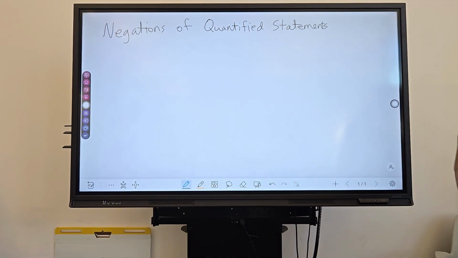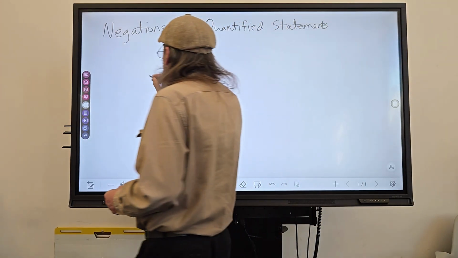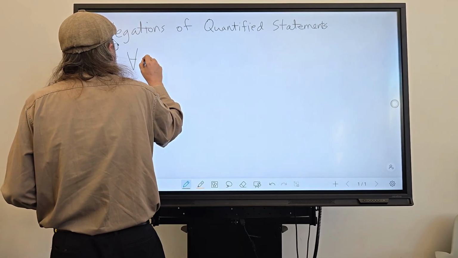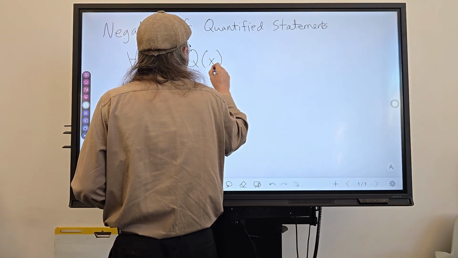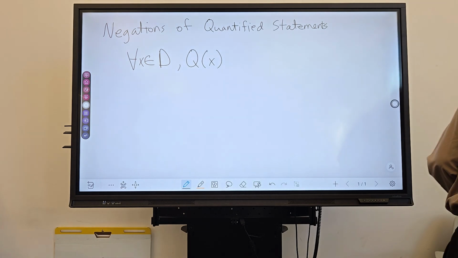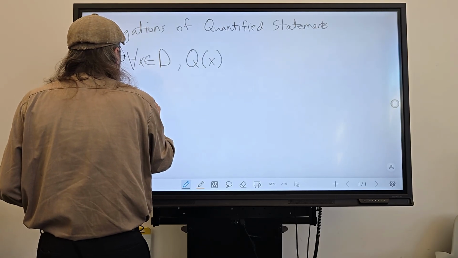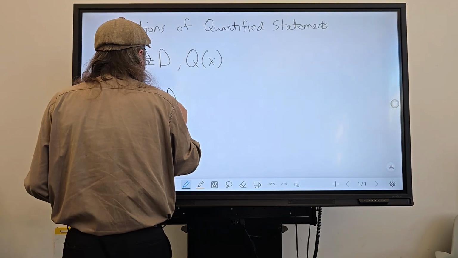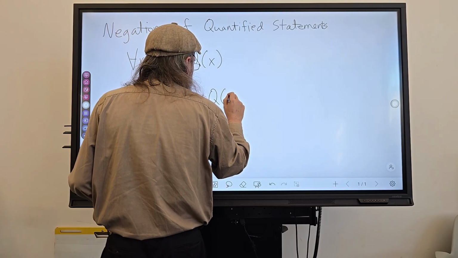All right, Theorem 3.2.1. The negation of a statement of the form "for all x in D, Q of x" is that there exists an x in D such that not Q of x.